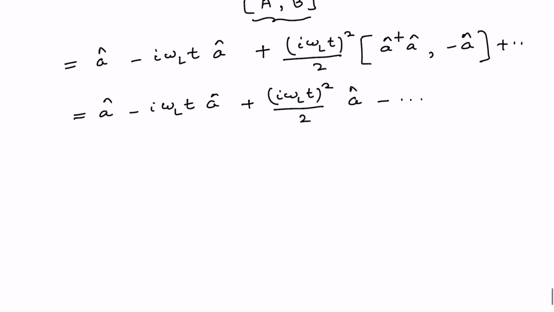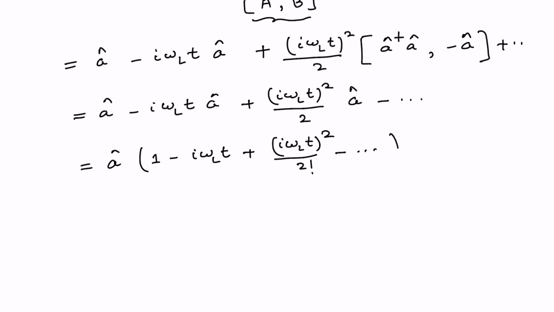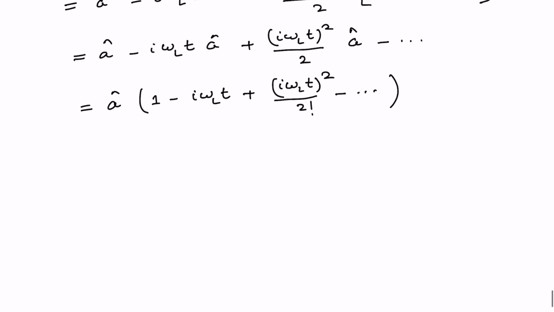If I take a common, then I have this series: 1 minus i omega_L t plus (i omega_L t) squared by 2 factorial minus, and this way you will get this series, and that is nothing but the exponential series. So you can write it as e to the power minus i omega_L t.